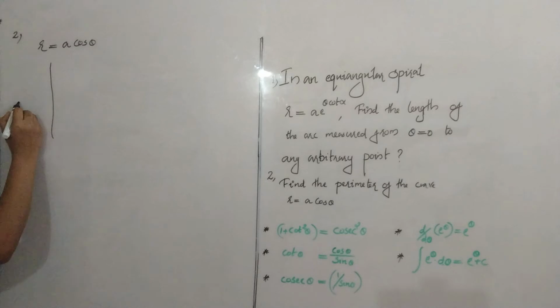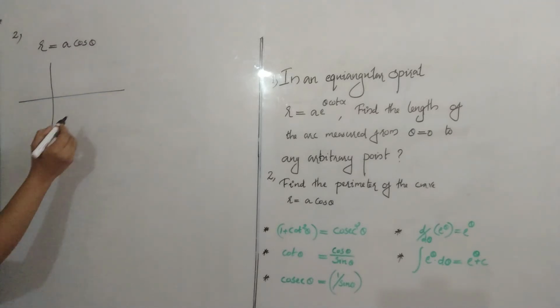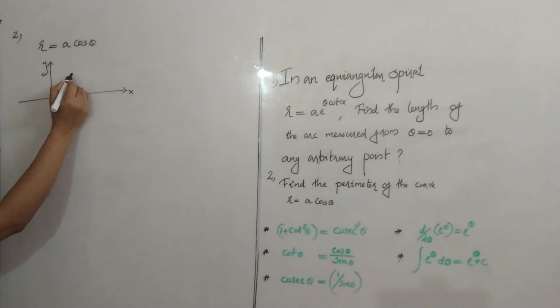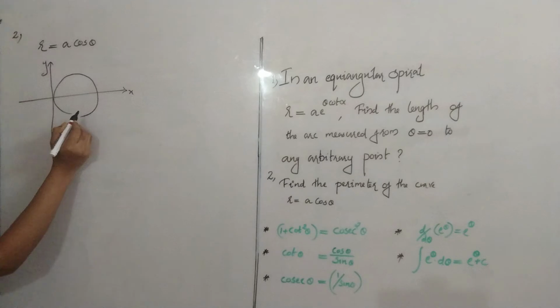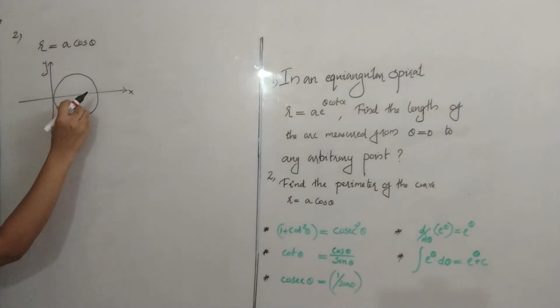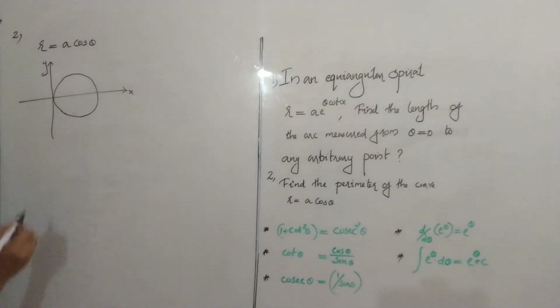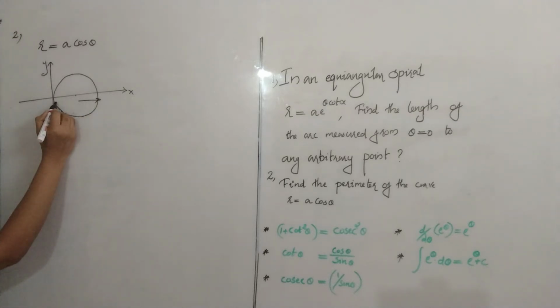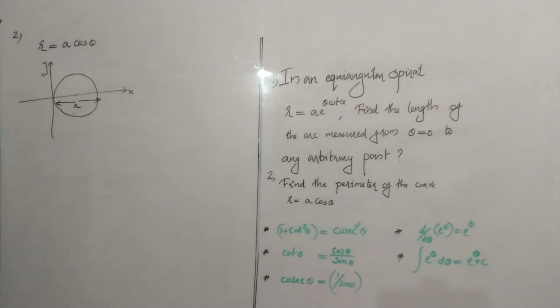We can plot this curve as a circle with diameter a, and its leftmost edge is at the pole.